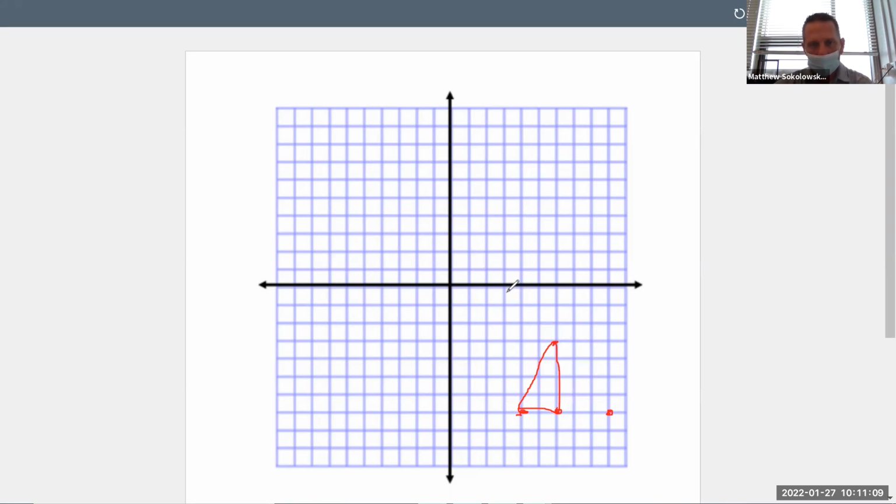Hopefully it'll fit. Okay, so let's do 3 to 1. So here's the center point. Dilate this triangle by a scale factor of 3 to 1. So now it's going to be 3 times as big.